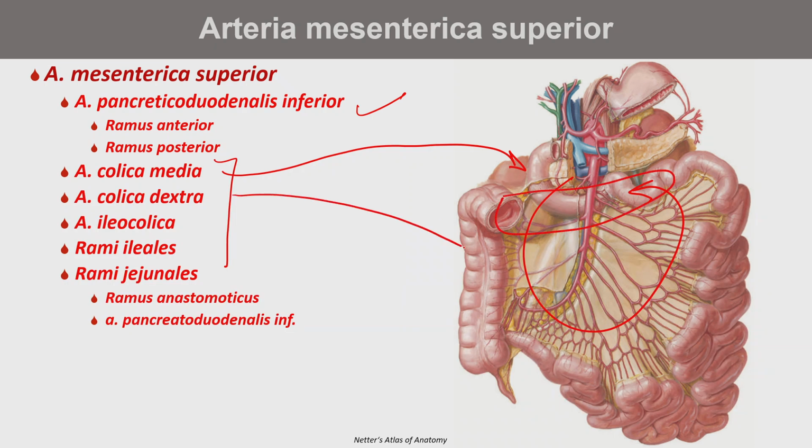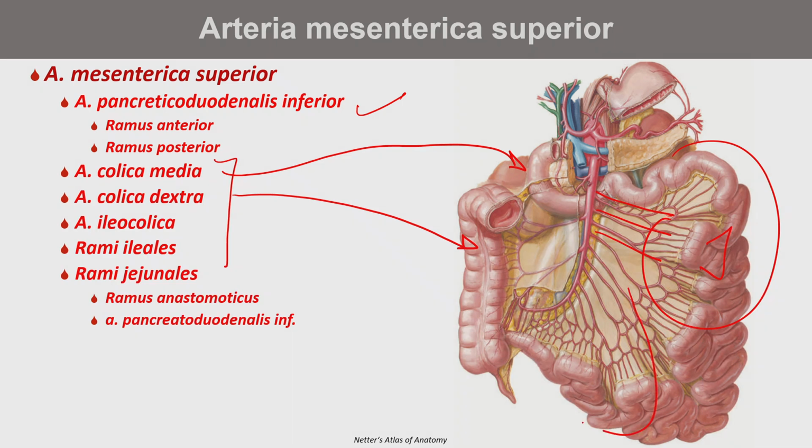Then the right colic artery, supplying the ascending colon. Then the ileocecal, which is supplying the distal part of the ileum, the cecum, part of the ascending colon, and the appendix. And then we have jejunal and ileal branches, which are supplying the jejunum and the ileum.